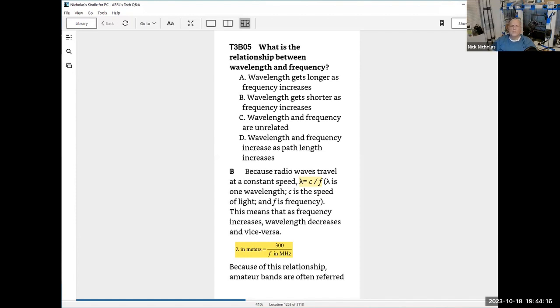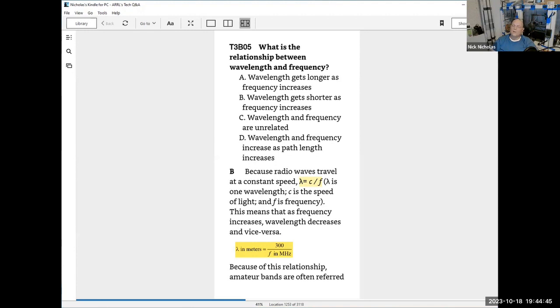So if you divided, I'm going to use the number 150, if you divided 150 into 300, you're going to get 2. And our 2-meter band goes from 144 to 148 megahertz, which is pretty close to 150. So when we say it's a 2-meter band, it's roughly 2 meters.